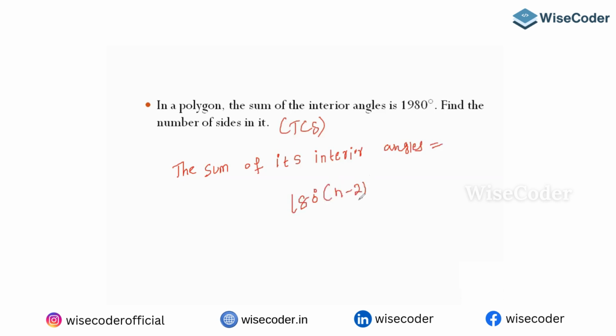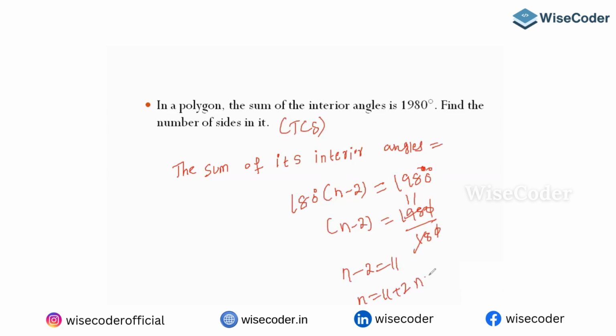But in the question they have already given the sum, which is equal to 1980. You just have to get your n. 1980 divided by 180. 0 cancel. 18 ones are 18, then n minus 2 is equal to 11, then n is equal to 11 plus 2, then n is equal to 13.